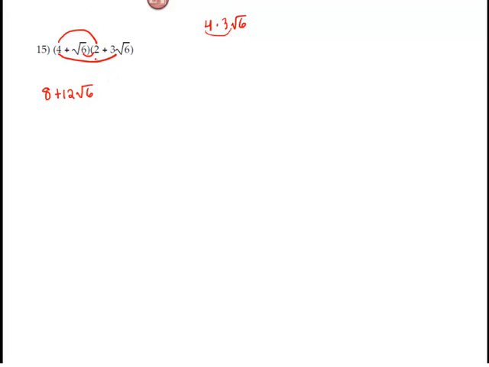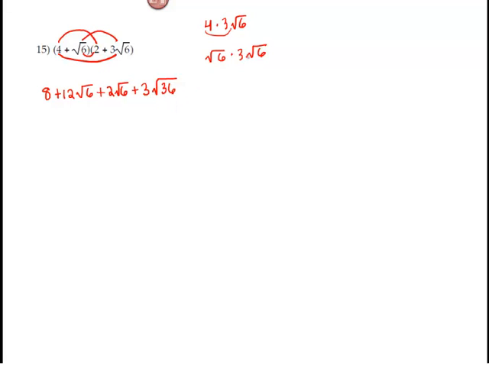Inner, square root of 6 times 2, well, again, we have a situation where we have something inside, something outside. Those don't actually multiply together, we just write them next to each other, 2 square roots of 6. And last, now this one's the tough part, so square root of 6 times 3 square roots of 6. That 3 has nothing to multiply with, so that needs to be in there. The square root of 6 times the square root of 6 is the square root of 36.